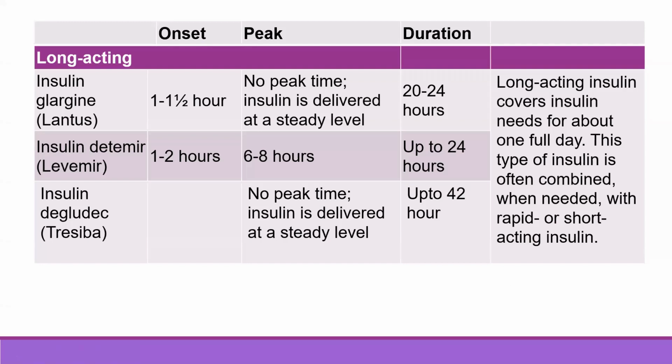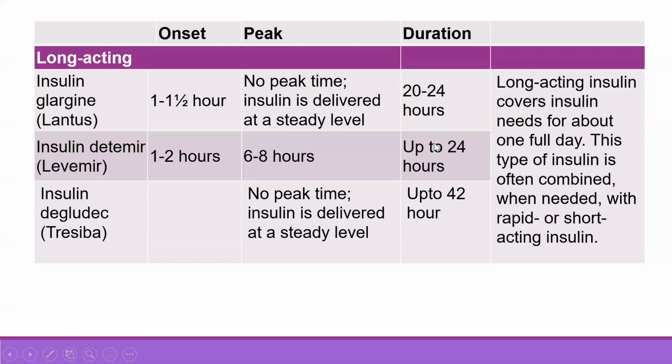So the headphone was not working, I think. Anyway, we have these three varieties of long-acting insulin: glargine, detemir, and degludec. As I've told you, all three are excellent basal insulins, but detemir has a duration of action not up to 24 hours, but slightly less.